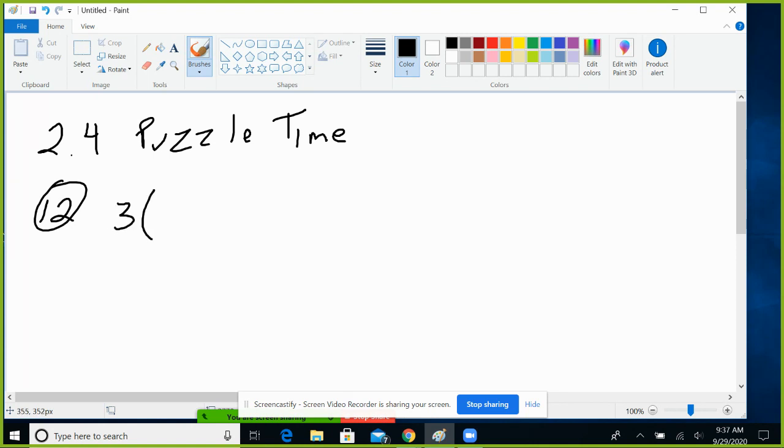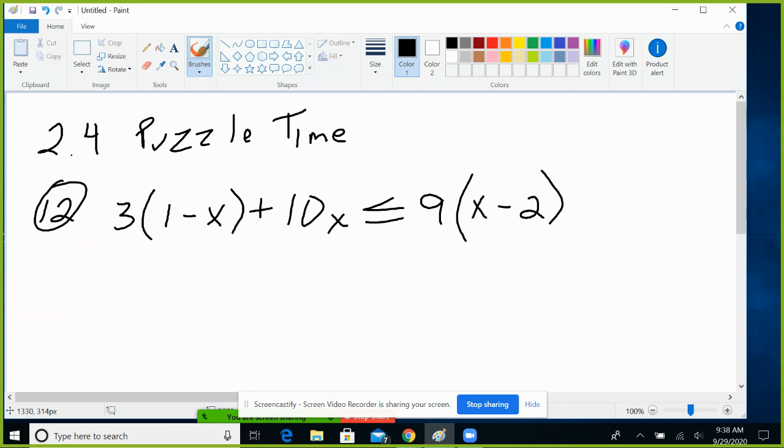3 times the quantity 1 minus x plus 10x is less than or equal to 9 times x minus 2 plus 7. Great problem.